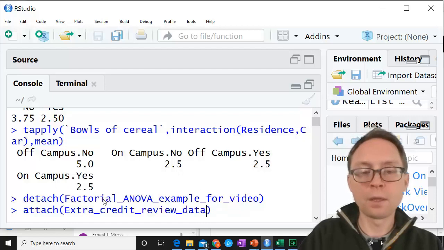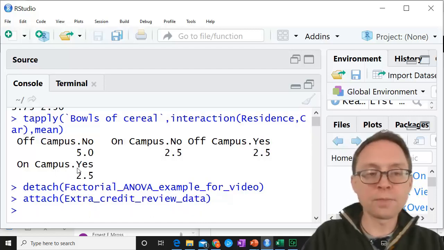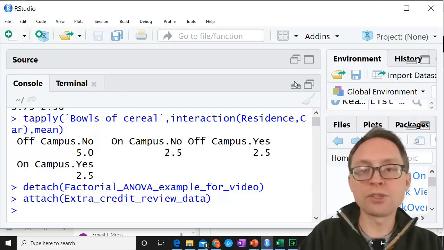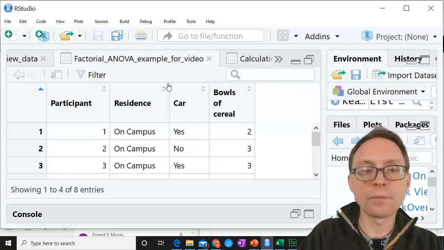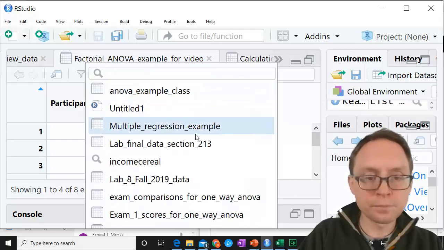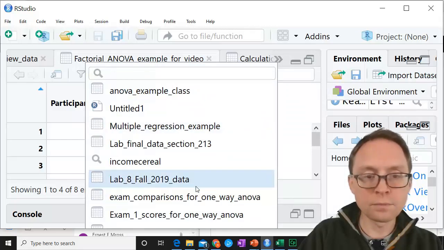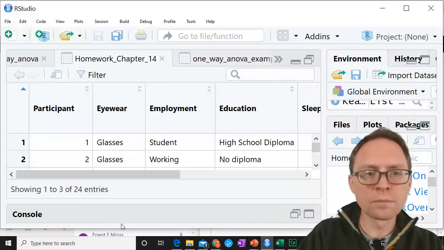Okay. When I attach these, I get different data. Let me show you what these data look like over here.